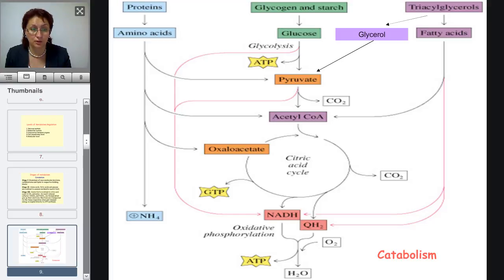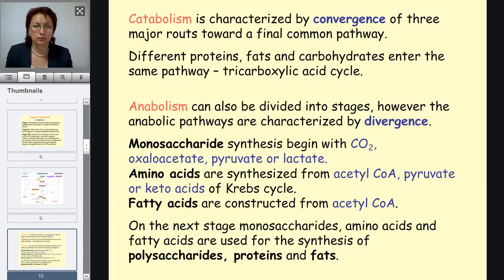This is the second stage of catabolism, also a specific stage. The third stage of catabolism is the conversion of acetyl-CoA and production of energy in the citric acid cycle and during oxidative phosphorylation, producing energy and forming carbon dioxide and water. This is the third stage of catabolism, a common stage to all macromolecules in the human body.